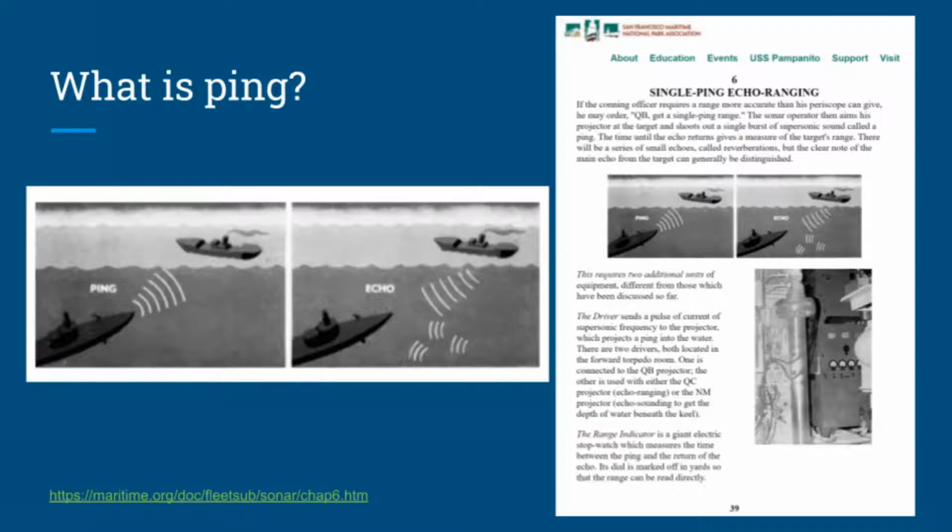But you may have heard about their sonar system. If they want to know the distance to an object, they will range it by sending out a sonar ping, and then from the object there will come an echo reply and it will return, and then you can calculate the range, the distance to the object.